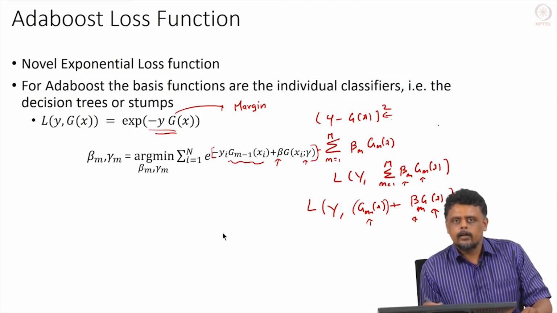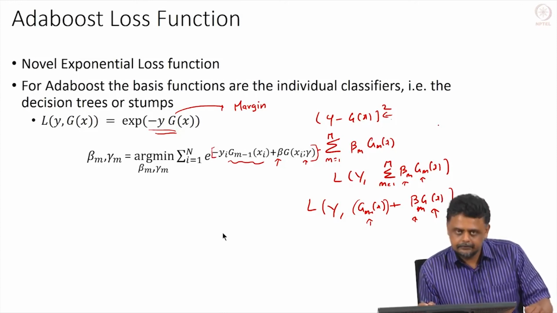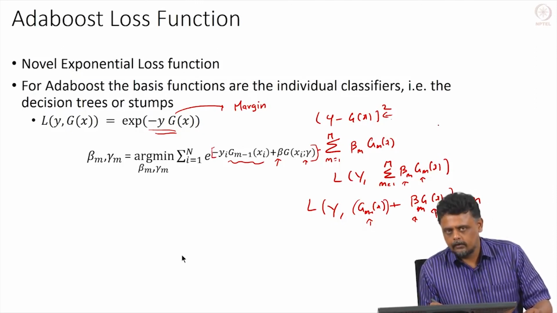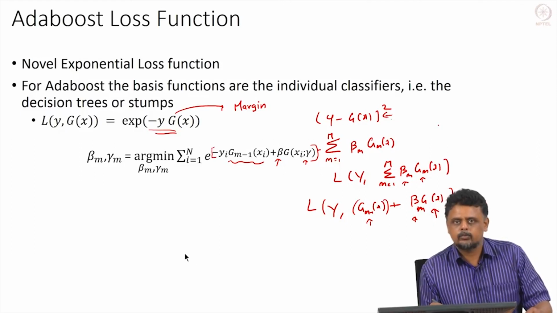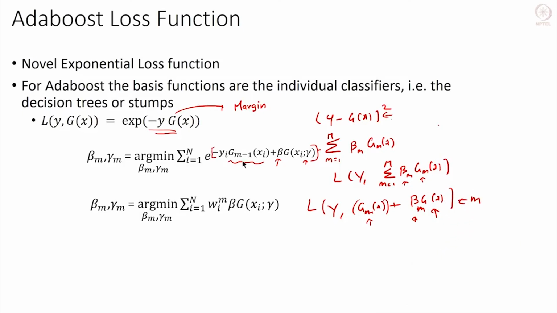In every stage you will figure out one decision tree or stump, and you will add that to the classifier that you have already estimated till the m minus 1th stage. Since this is not involved anywhere in the optimization, we can interpret this as a weight.